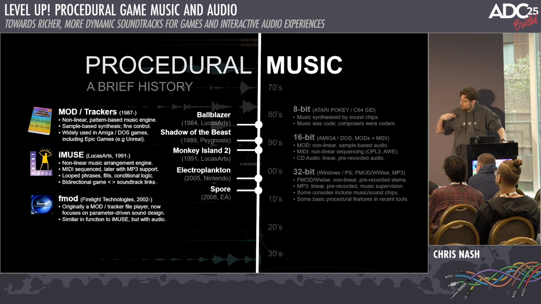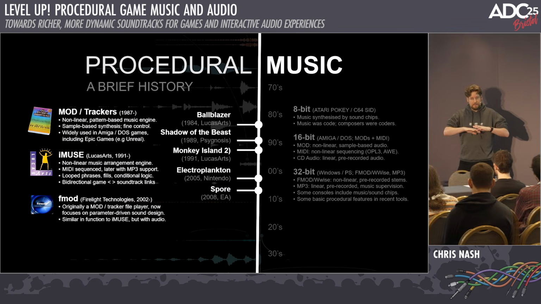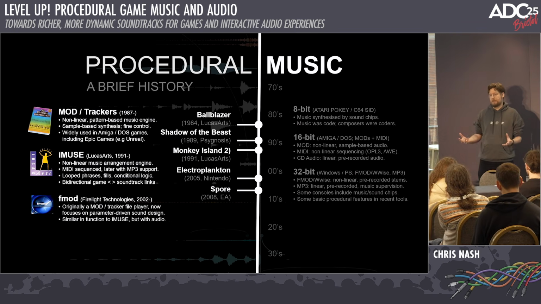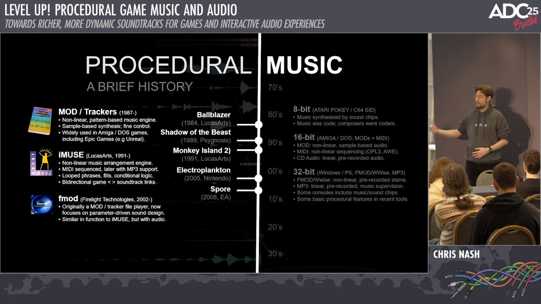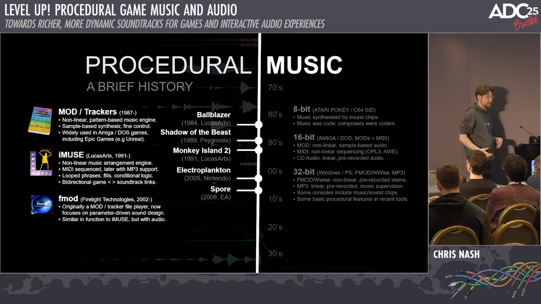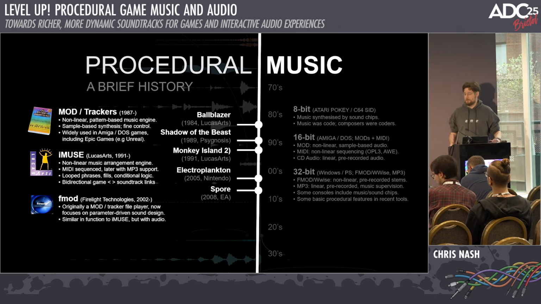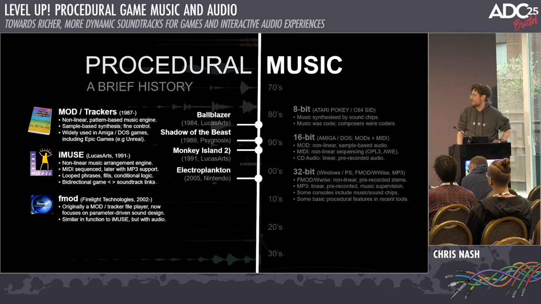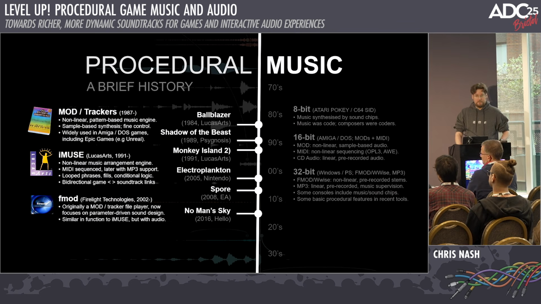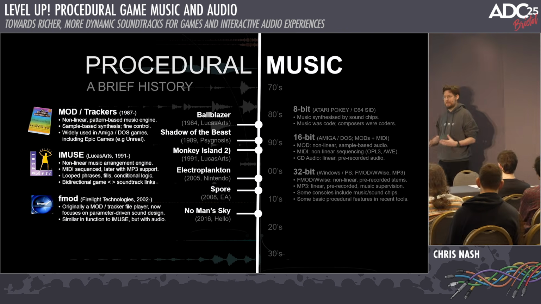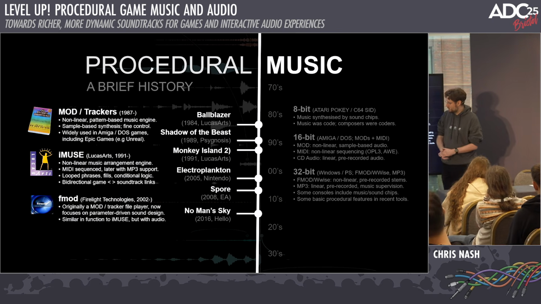Spore itself was a procedurally generated game, and that ethos pervades the design of the whole program. So the soundtrack was procedurally generated, and the sound itself as well, I think. We're not quite sure about that. So what else? Spore and another procedurally generated game, No Man's Sky, which was eventually a really good game, is a move towards this and a reignition of this interest in procedural generation.